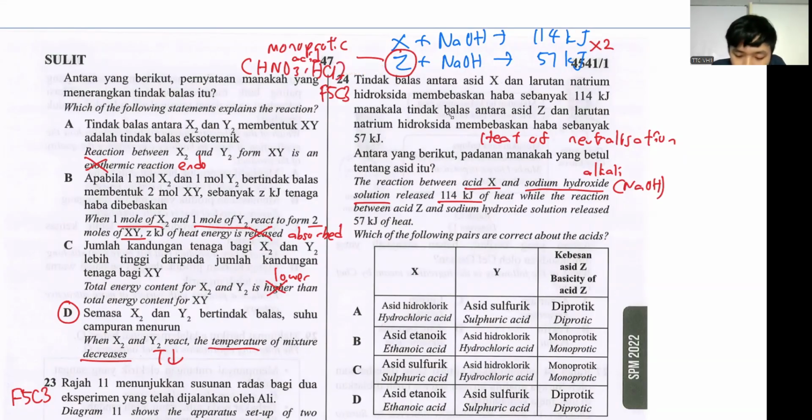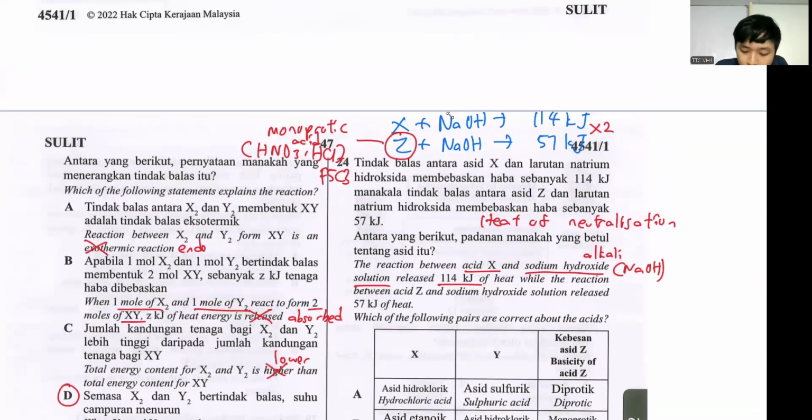Acid X is twice, right? Twice means diprotic acid, sulfuric acid, where you produce 2 mole of hydrogen ion.